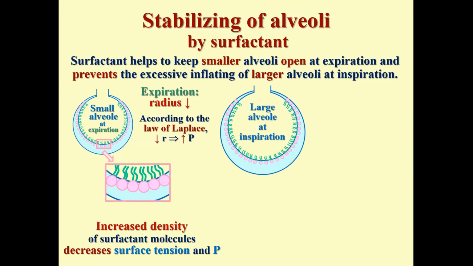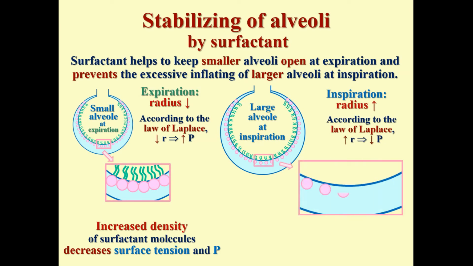Opposite case: if a large alveolus becomes enlarged during inspiration, in this case the total surface area of the fluid increases, but the number of molecules remains the same. So molecules produce less density, less decrease in surface tension.